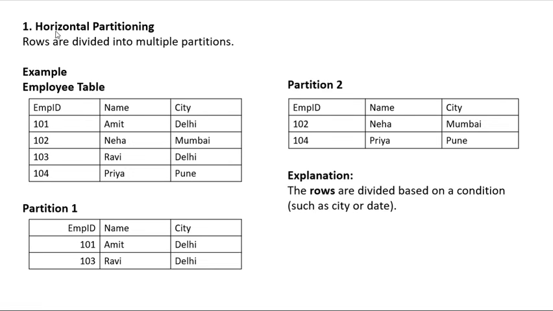The first is horizontal partitioning, where rows are divided into multiple partitions. The employee table has employee IDs, names, and cities.